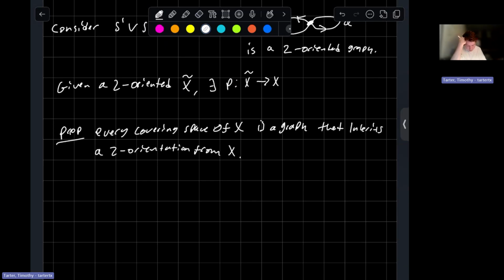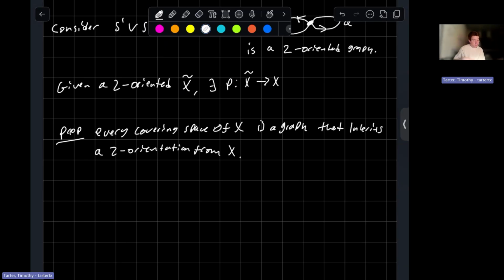There's also a generalization to n-oriented graphs, which are the covering spaces of the wedge sum of n circles. Okay, so some covering spaces of S1 wedge S1.